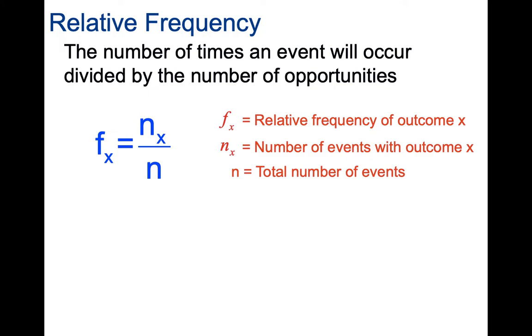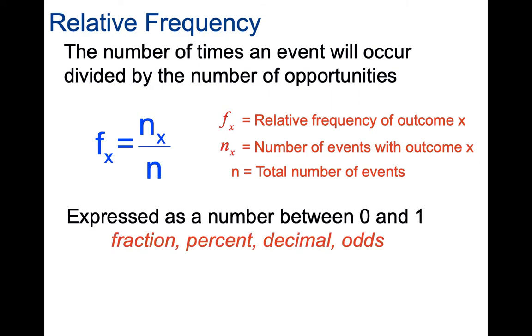So what's the relative frequency of heads? Well, the relative frequency of heads is the number of heads divided by the number of flips. Well, if I got 4 heads and I flipped the coin 10 times, then the relative frequency would be 4 over 10 or 0.4. And that's just a quick example, but it's pretty straightforward stuff, right? And again, this is going to be expressed as a number between 0 and 1, in the example I just said, 0.4.